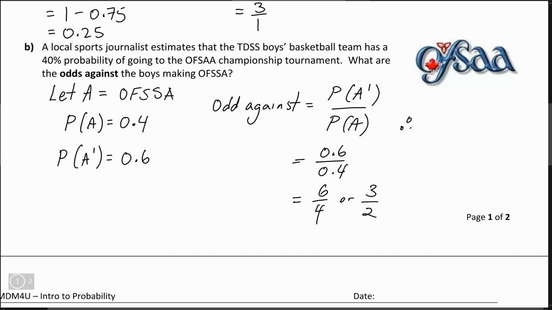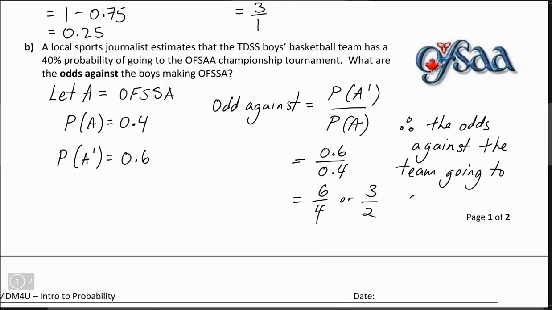So my concluding statement would be, therefore, the odds against the team going to OFSAA is 3 to 2.